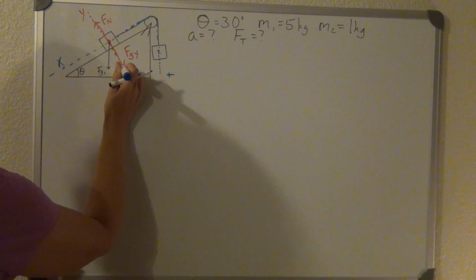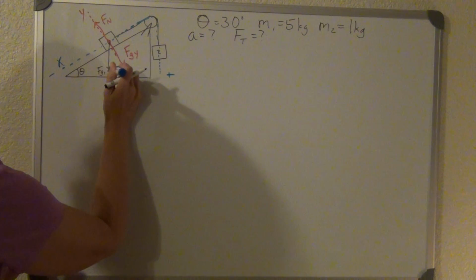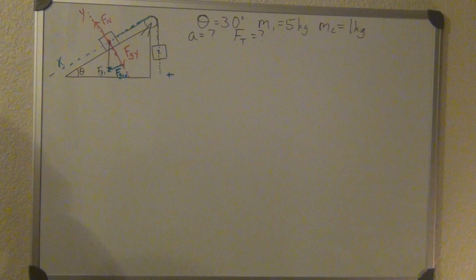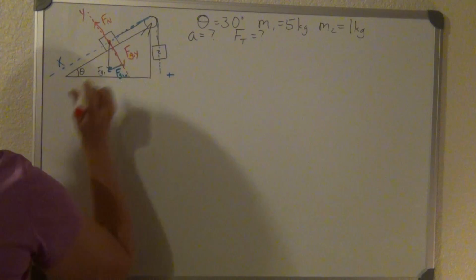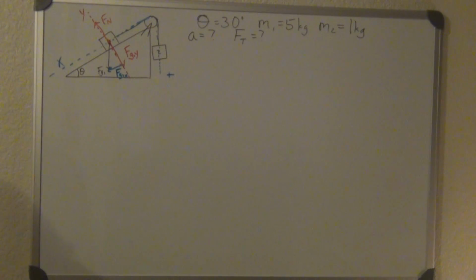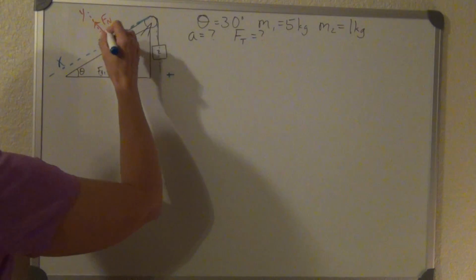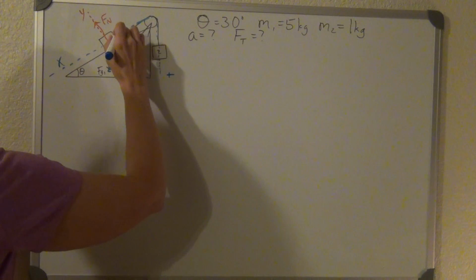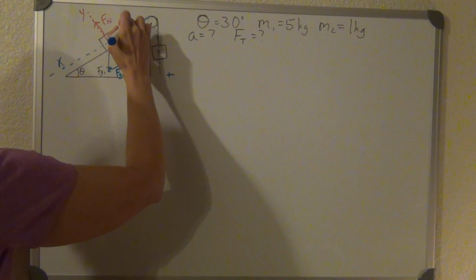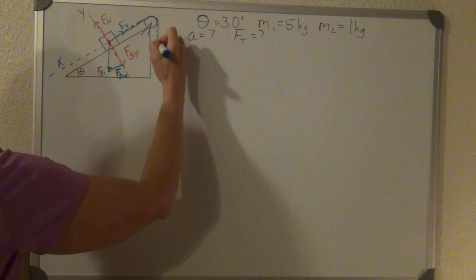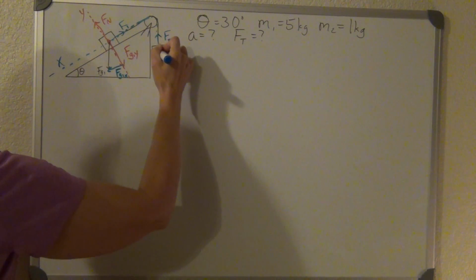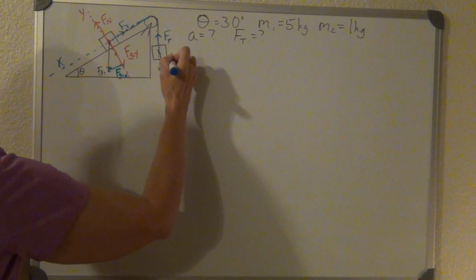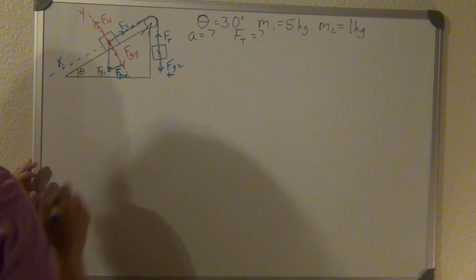This was FG1X, and that was our FG1Y. Okay. And then we have our force of tension on 2 pulling up, and we have our force of gravity on 2 pulling down, FG2.